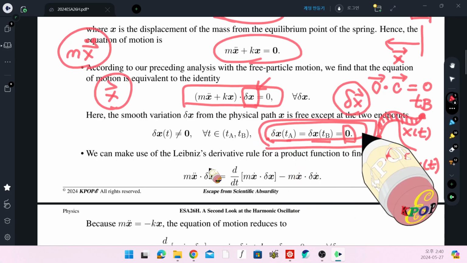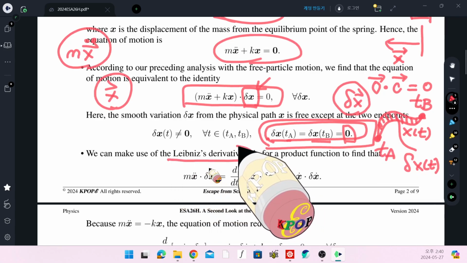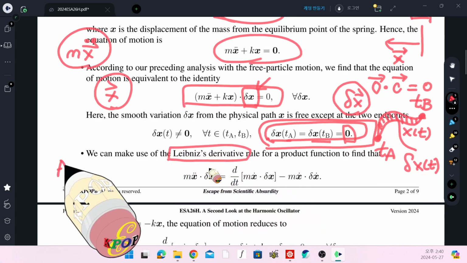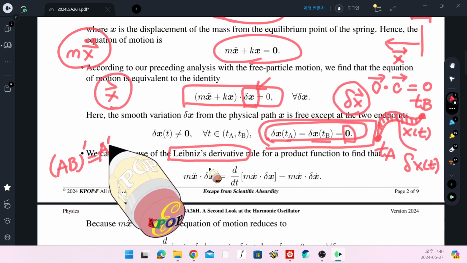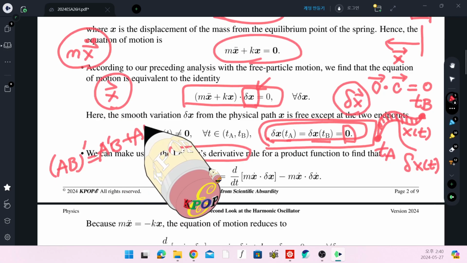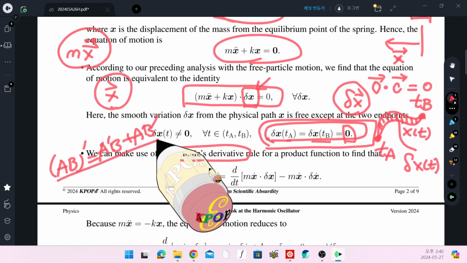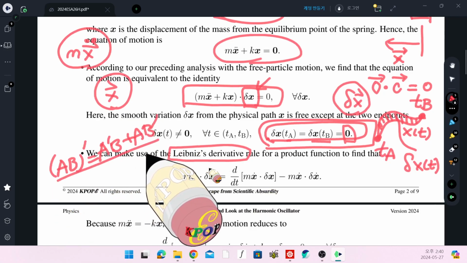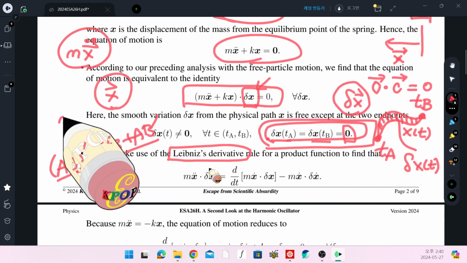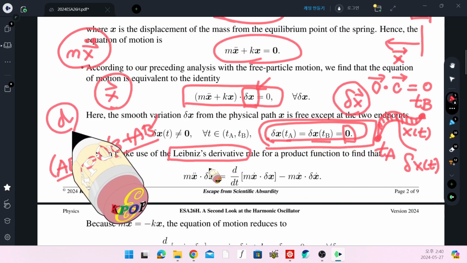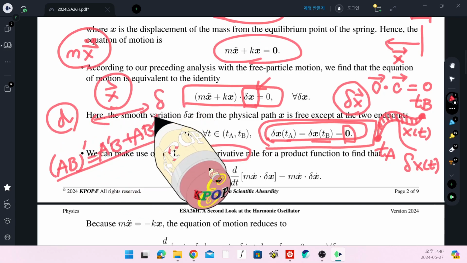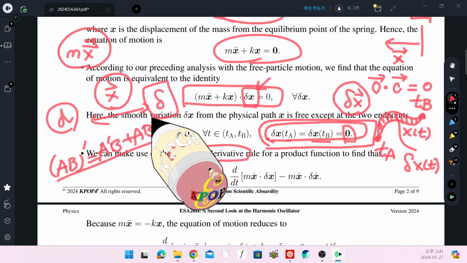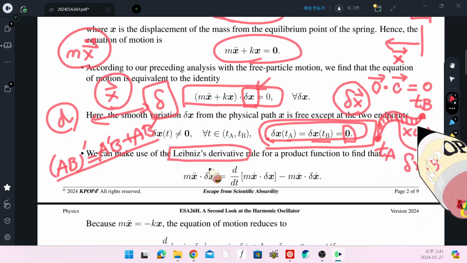Next, we apply Leibniz's derivative rule, that is, the derivative of a product is a prime b plus a b prime. We use a similar relation. This differential is very similar to our differential, that is the variation from the physical path.